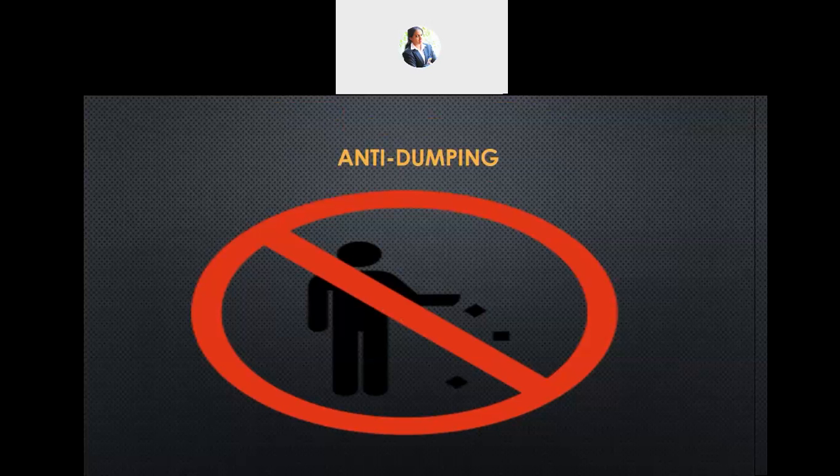Then there is one more thing that we have to understand under dumping, that is the dumping margin. Margin is nothing but what we call a gap; the difference between the two is the margin. The dumping margin is the difference between the normal value and the export price of the goods being exported.